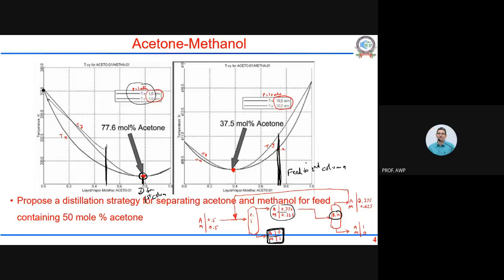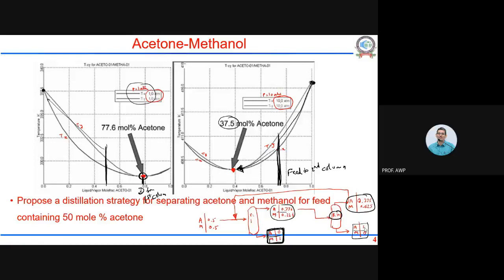In the second column the azeotrope point has shifted, and now we have come to the right side of the azeotrope. Now the second column's top composition will be the more volatile, which is the azeotrope, but it is the azeotrope corresponding to 10 atmospheres. And the bottom of the column would be pure acetone. Pure in the sense 0.99999999999. You can keep on saying 99 till you get tired.